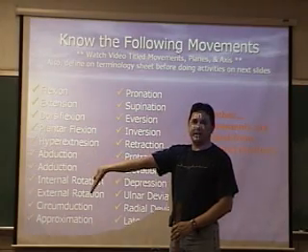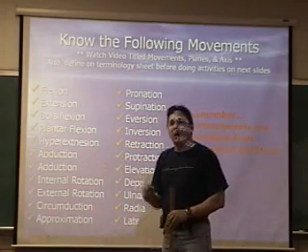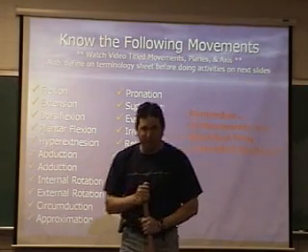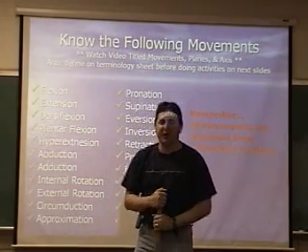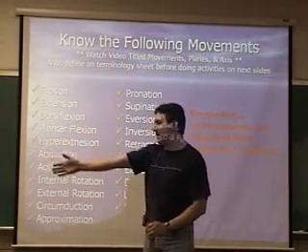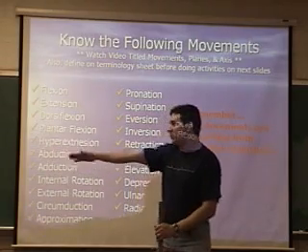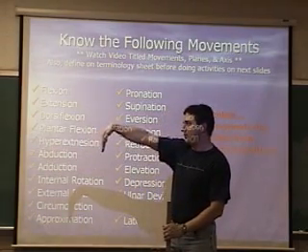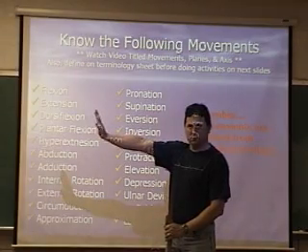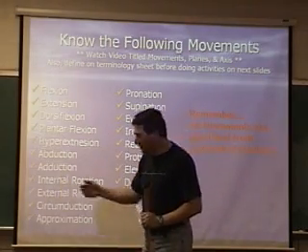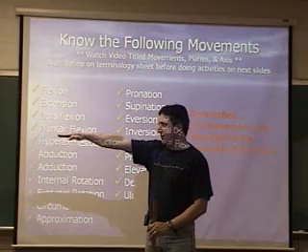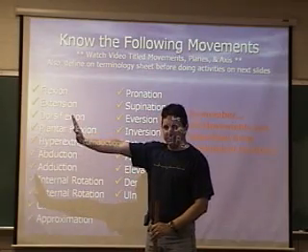Hyperextension is beyond anatomical position. Most of the time in kinesiology, athletic training, and most things, if you go from anatomical position, extension is one direction, flexion is the other. So for the wrist, this is flexion, this is extension. But if you want to get really technical, it is flexion, extension, hyperextension.